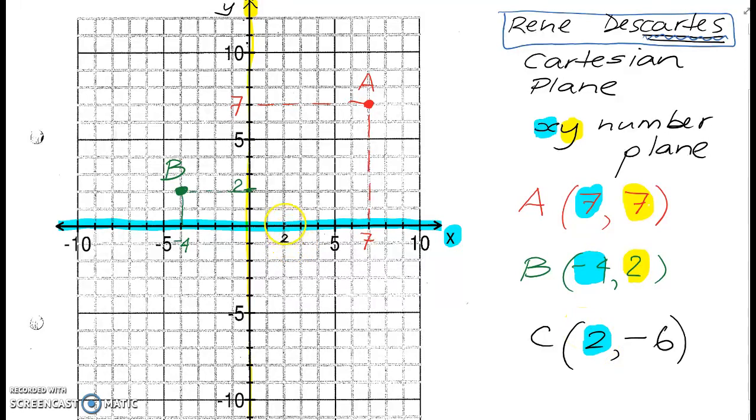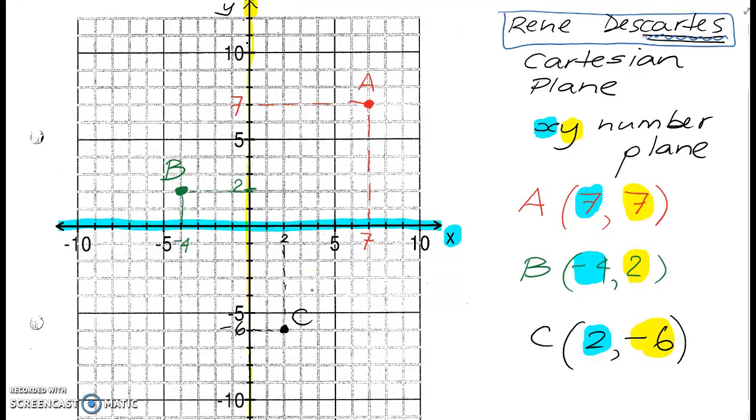Right there. So it's somewhere along there. But then I've got to go down to -6 on the Y. So here I am at 2, and I'm going to go down to -6 on the Y. See, there's -6 there. So there's that point C at 2, -6.